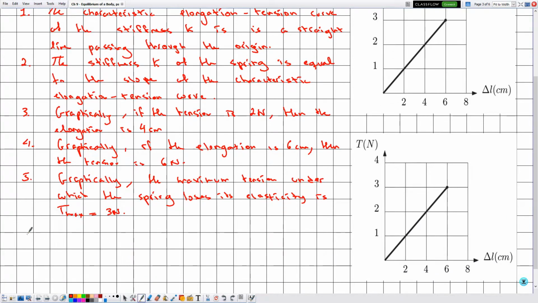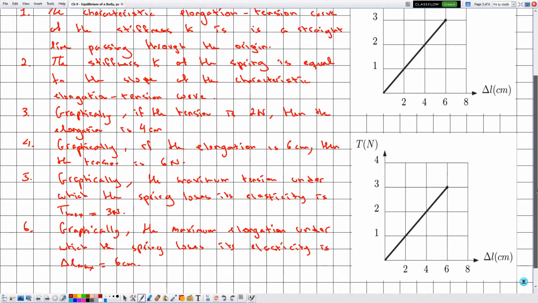Now we can say graphically, the maximum elongation under which the spring loses its elasticity is delta L max, given by 6 centimeters.